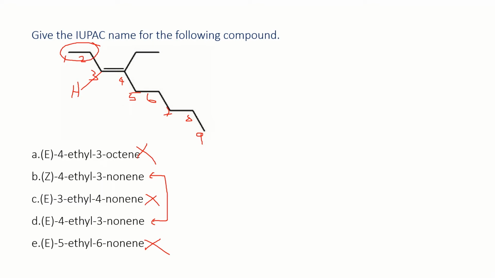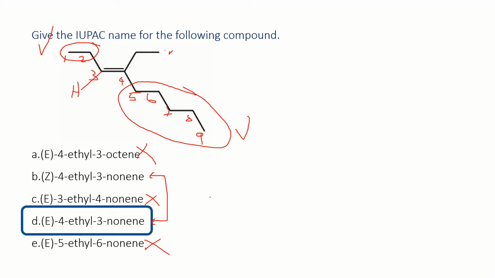And if you look, you can see that this pentyl group is larger than the ethyl group here. So these are our two largest groups according to the Cahn-Ingold-Prelog rule. And so therefore this is E, because they're on opposite sides of the alkene.